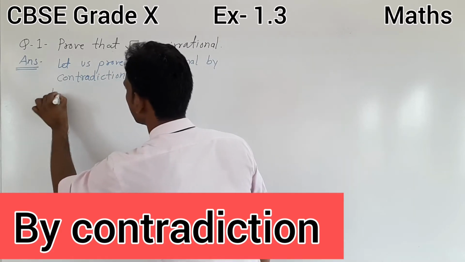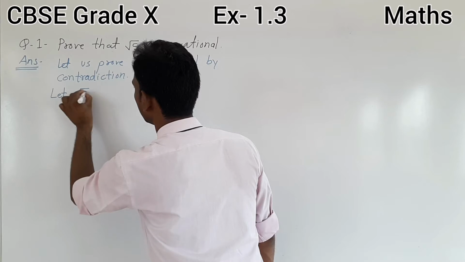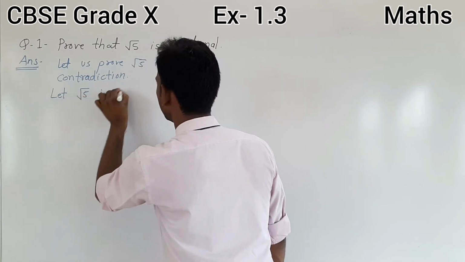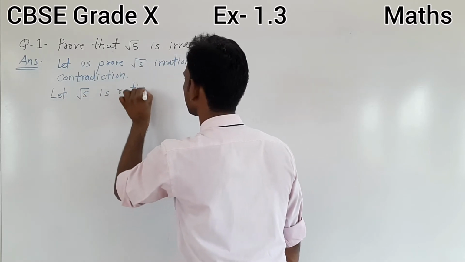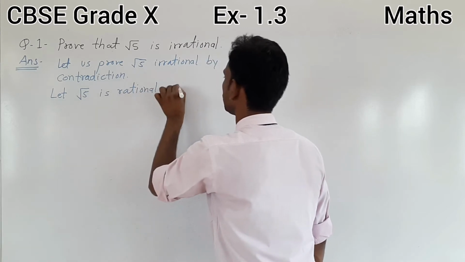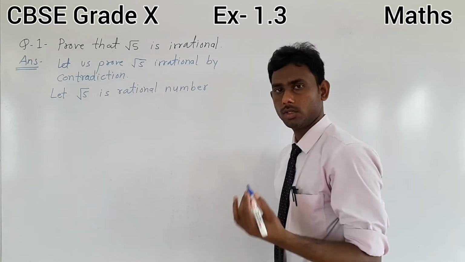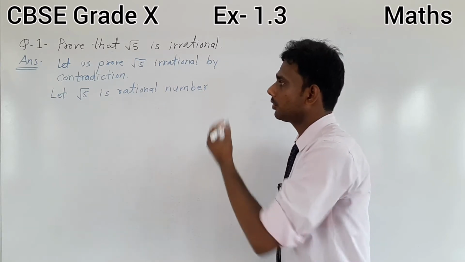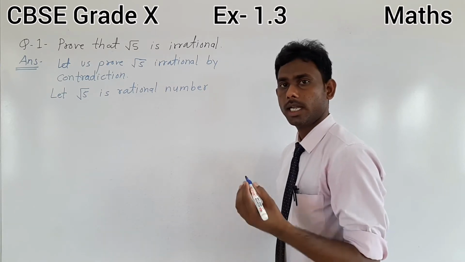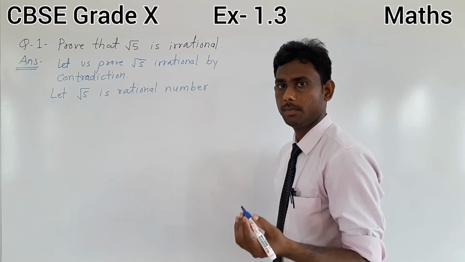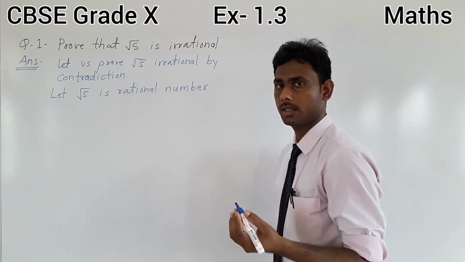Let root 5 be a rational number. As you know, if root 5 is a rational number, then we can write it in the form of a by b or p upon q.